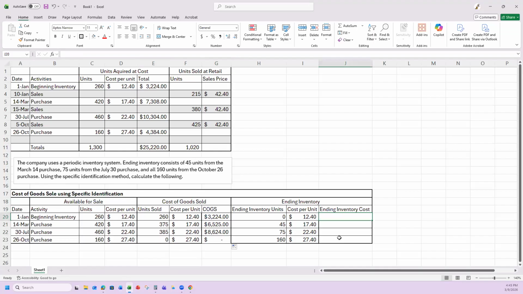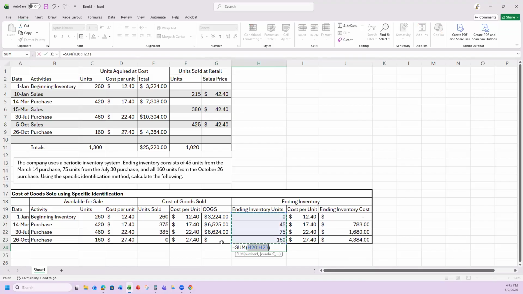We can do the same process to figure out the value of our ending inventory. So again, just the amount in inventory times the cost per unit. And again, we can just use our little tool to fill that down. And then we'll just take a sum at the end. Depending on what we need, let me look at how the problem is set up.